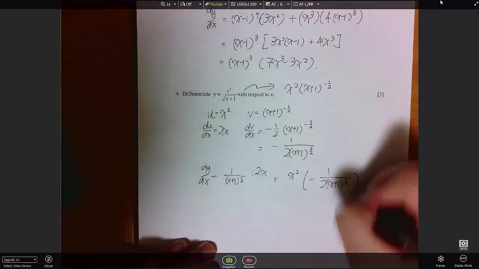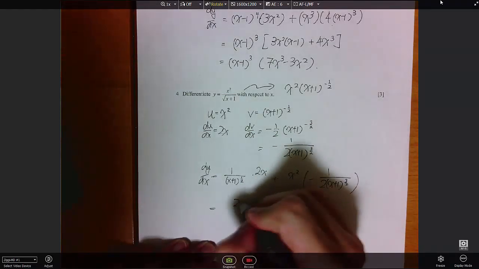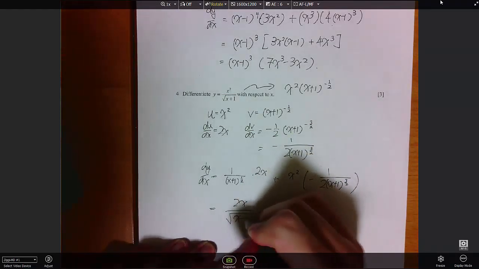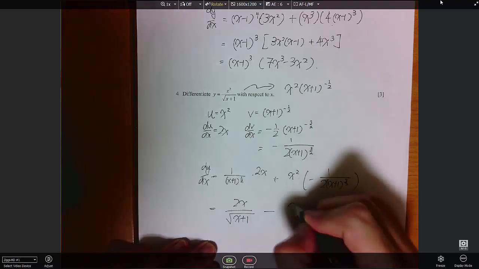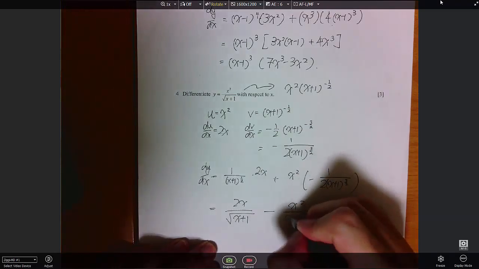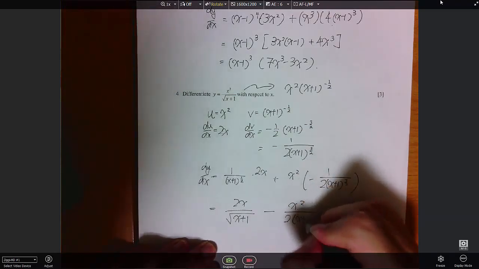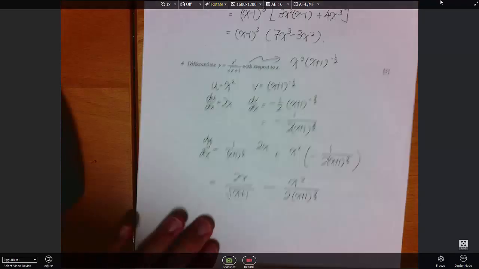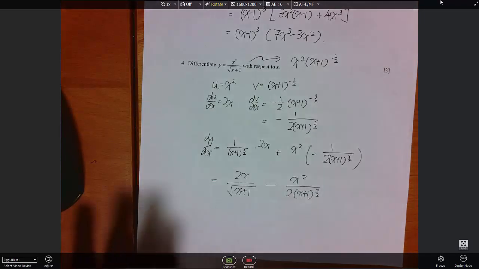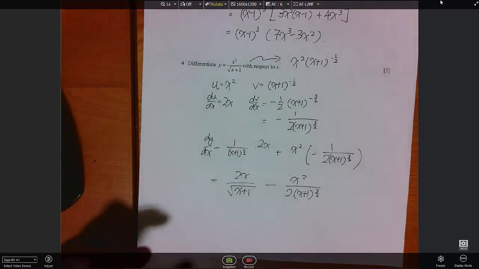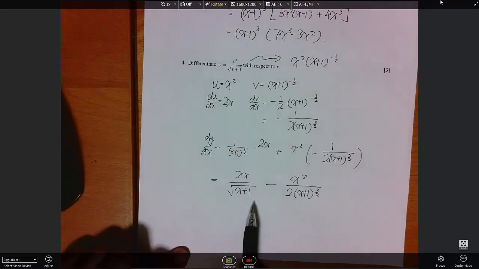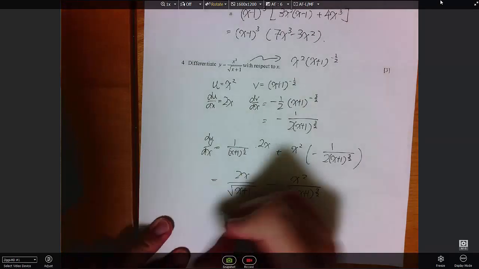Like this. Then simplifying, you get 2x over square root of x plus 1, minus x squared over 2 times x plus 1 to the power of 3 over 2. If you leave it like that, I give you full marks. But in the event that you want to combine these two fractions, no problem. This x plus 1 to the power of half, you have to multiply by 2 times x plus 1.